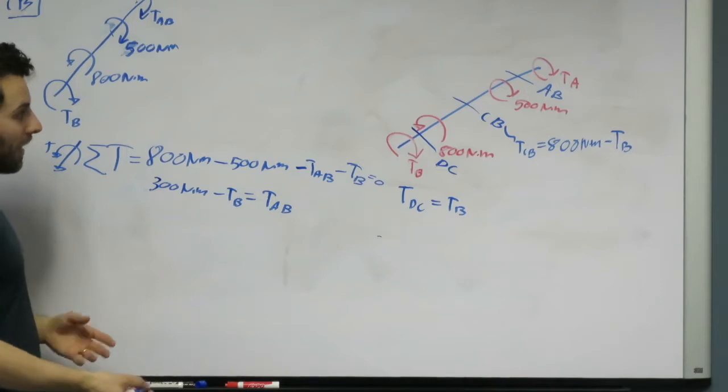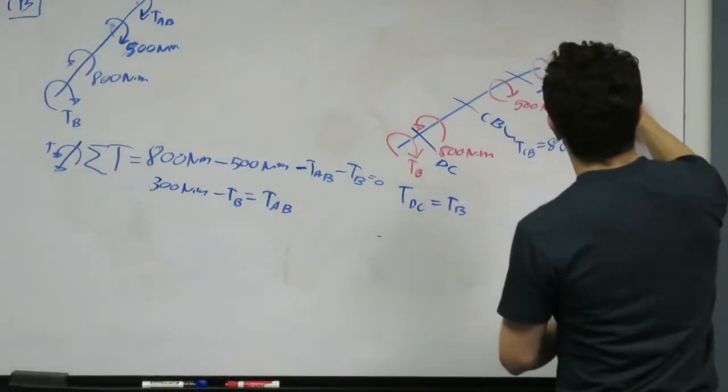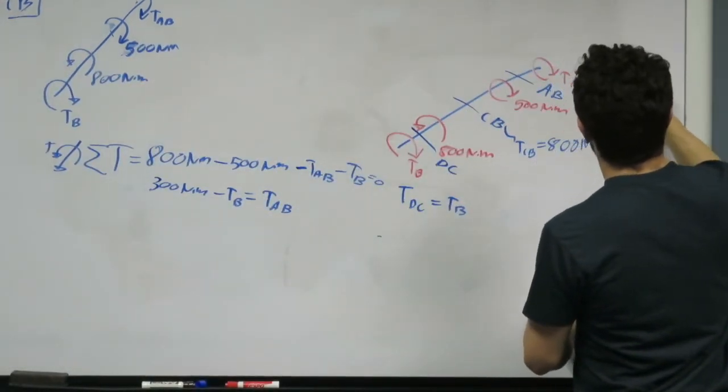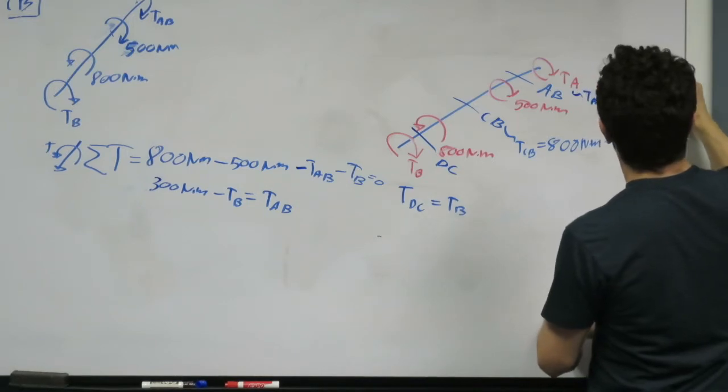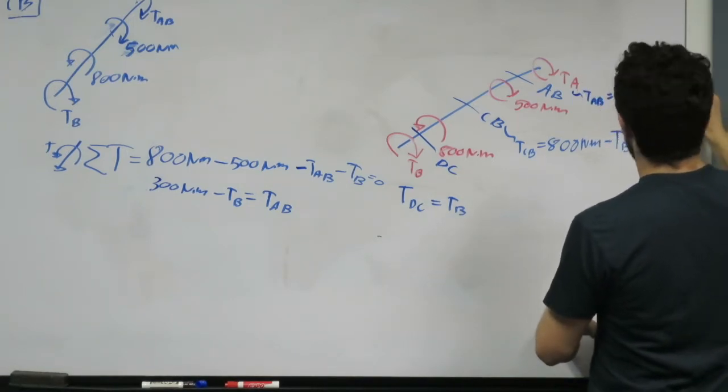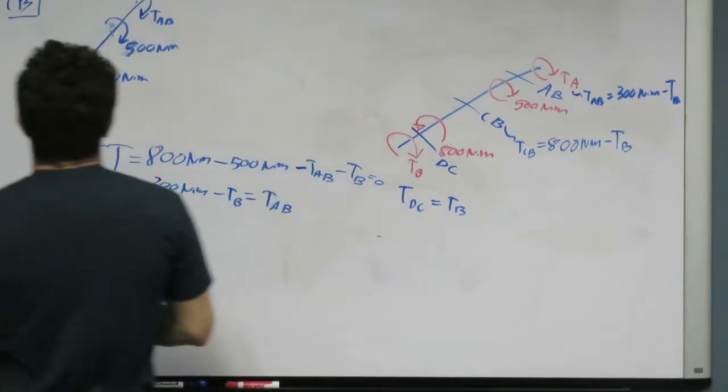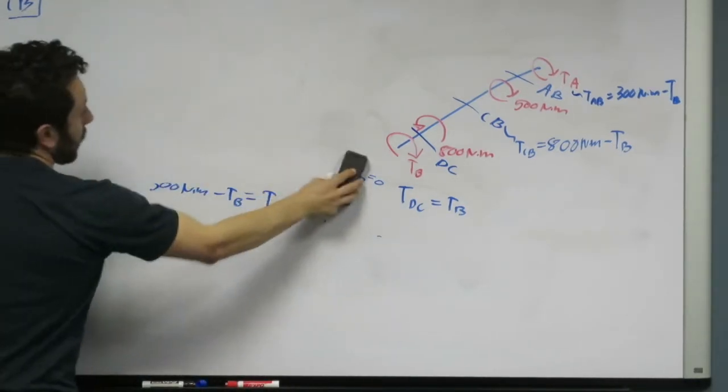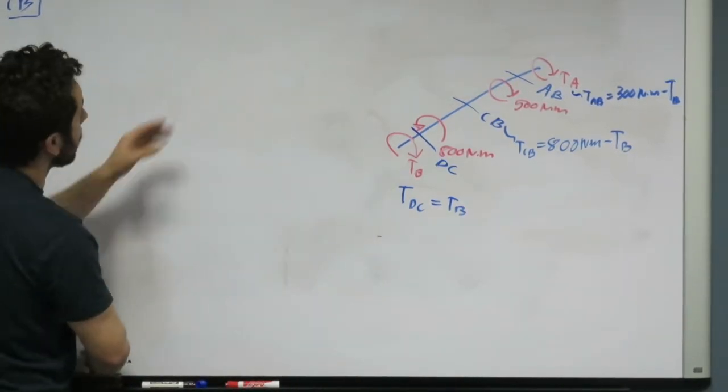So, this now is TAB equals 300 newton meters minus TB. So, we can erase this, and we have the compatibility equation right there.